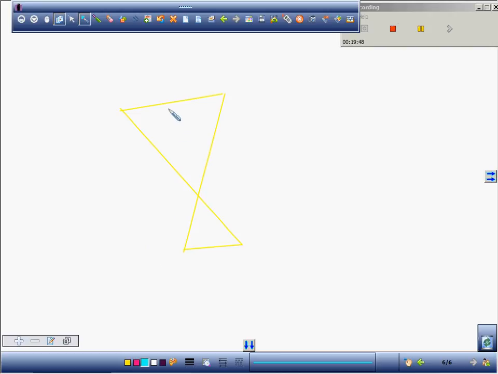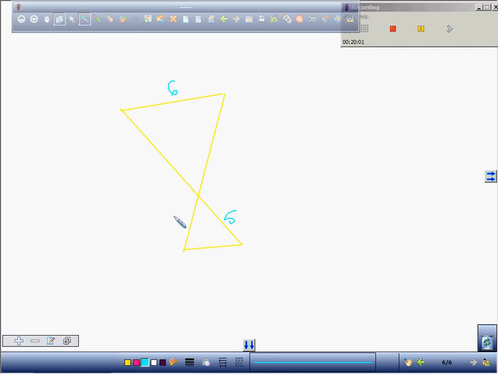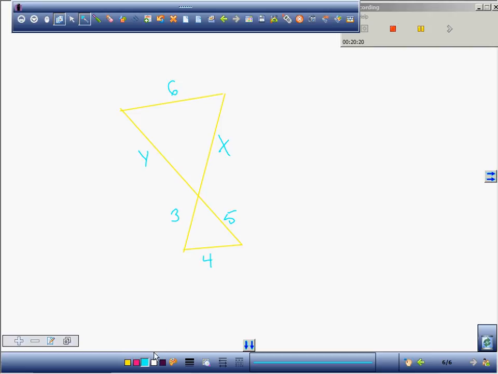And I'll tell you that this is 6, and this is 5, and this is 3, and this is 4, and this is X, and this is Y. They won't tell you, so these things can look different ways, okay? So sometimes what they'll tell you is that this angle, or they'll say that these things are parallel, okay?